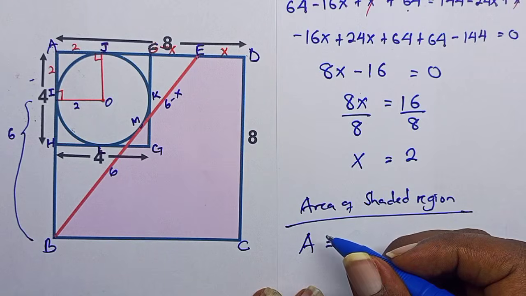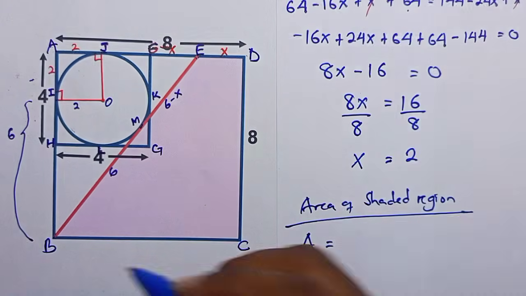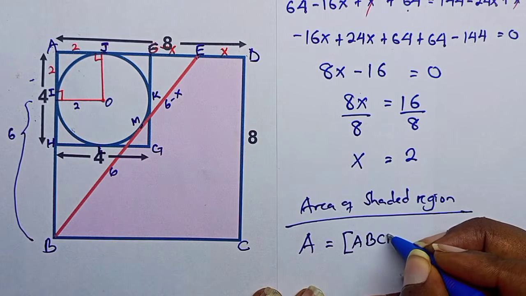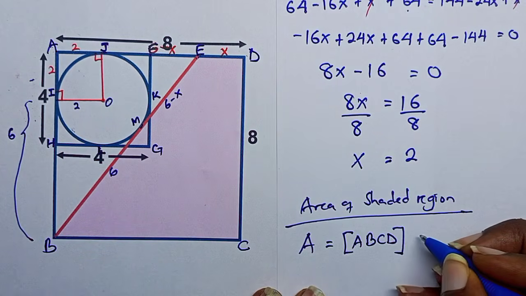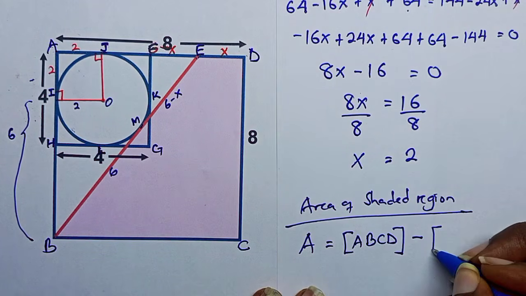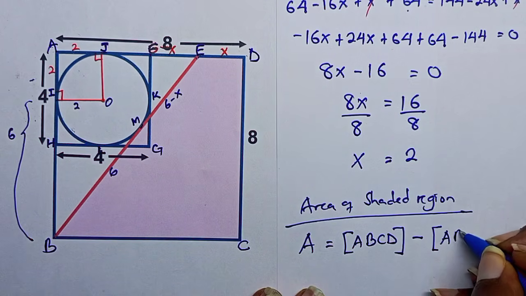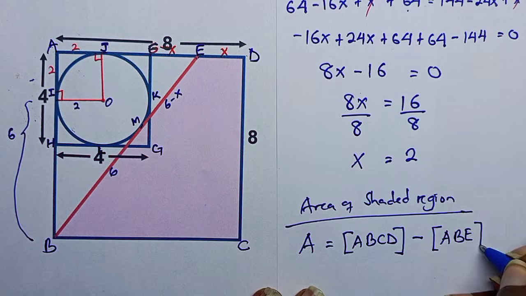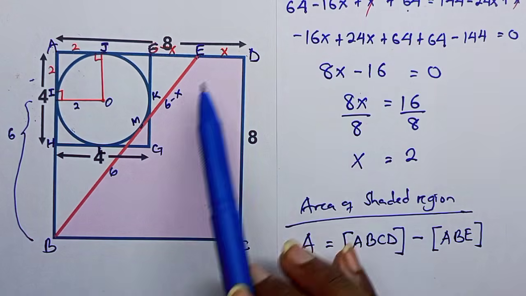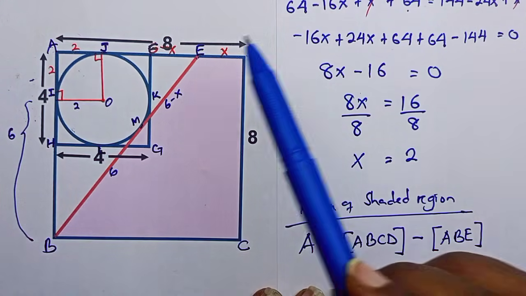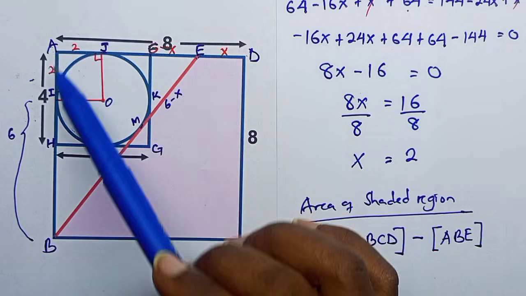area will be equal to area of the square ABCD, okay, minus area of triangle ABE. Hope we are clear. To find area of the shaded region, we shall find area of the whole square ABCD and then subtract area of the triangle ABE.